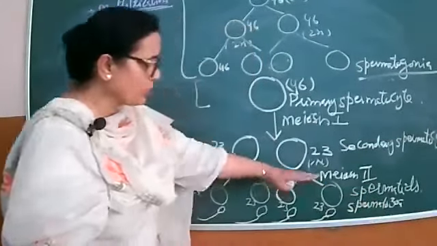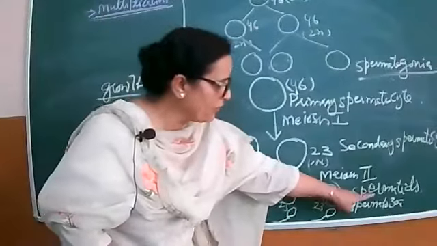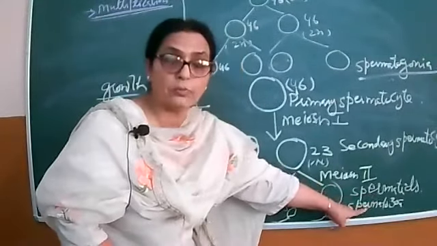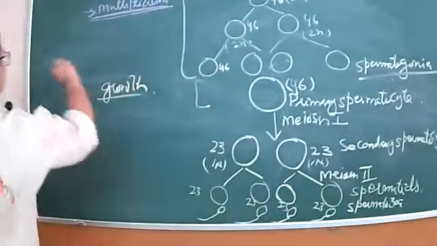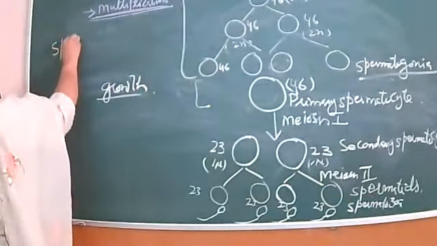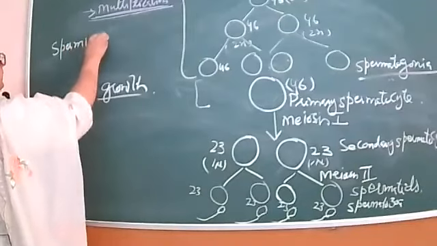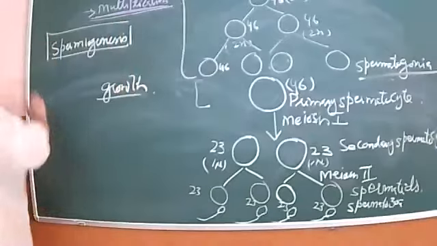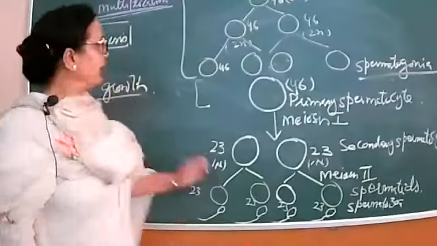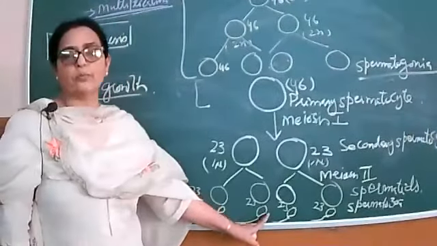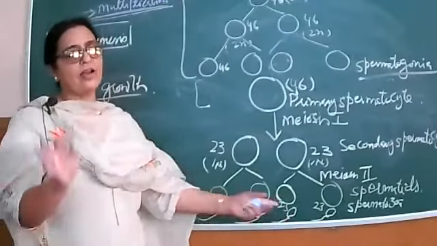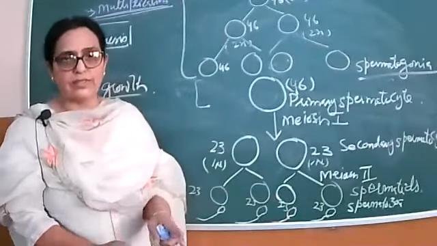And this process of formation of the spermatozoa from the spermatid is known as spermiogenesis, right? Now these spermatozoa are present in the seminiferous tubules embedded in the Sertoli cells, and you know the function of the Sertoli cells.